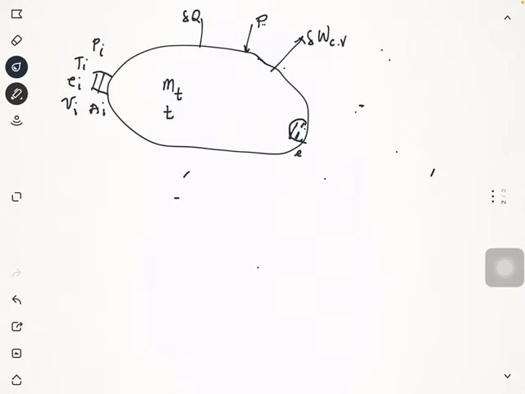So this one is the partial derivative of our mass at the inlet. This is the partial derivative of our mass at the exit point. And of course, this is our system boundary here.